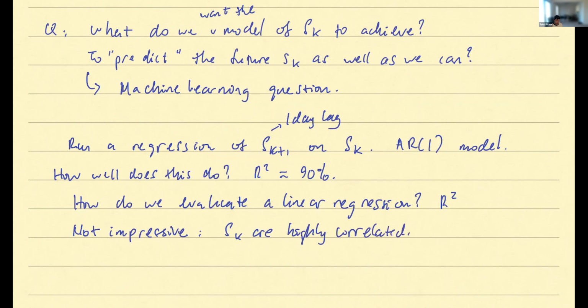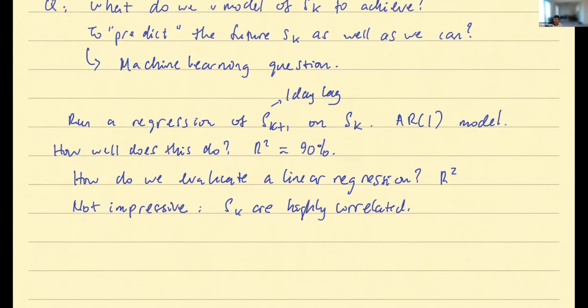What I mean is the autocorrelation function, again a concept in time series. The autocorrelation function of the stock price evaluated with a one-time lag is really high, right? And if we have a high correlation, of course, when you use regression, you can capture the fluctuation very well. So there's nothing impressive about this.